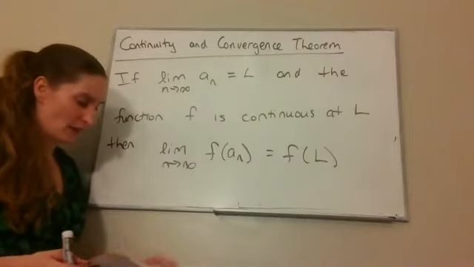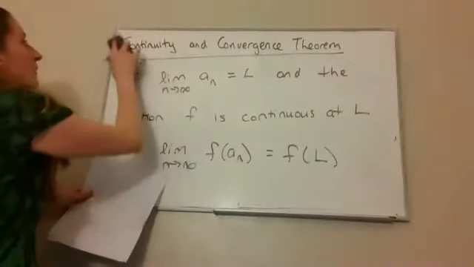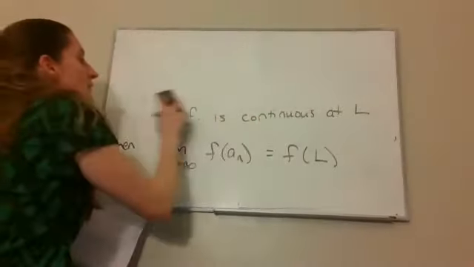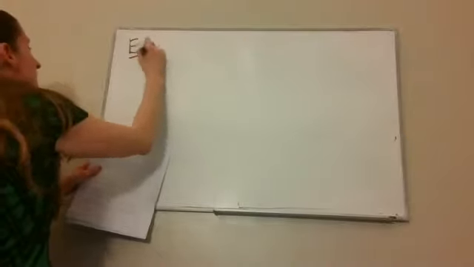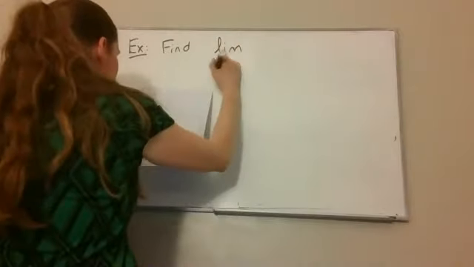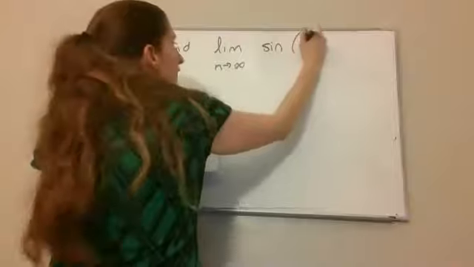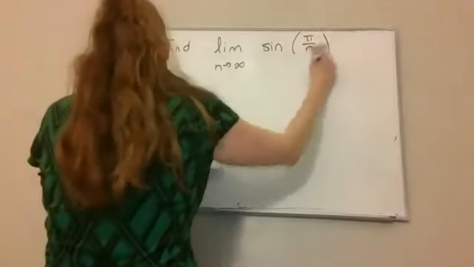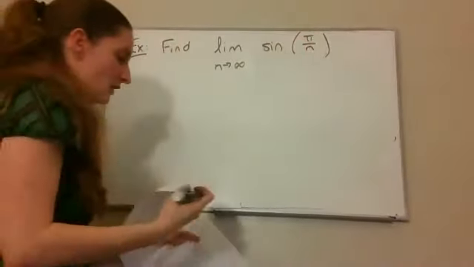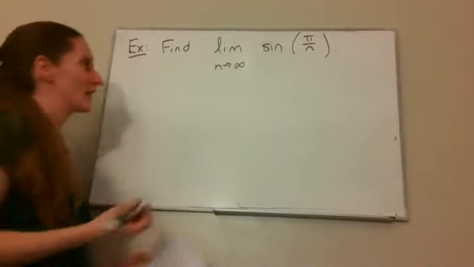So let's use that theorem on our next example. Let's find the limit as n goes to infinity of sine of pi over n. Well, let's first ignore the sine for a second.